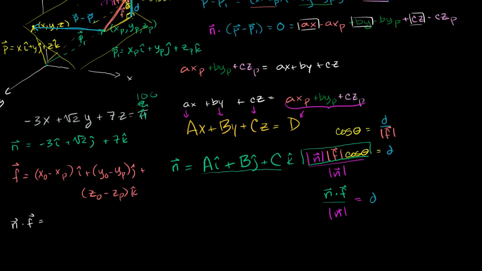So it'll be a x naught minus a xp, and then plus b times the y component, so plus b y naught minus b yp, and then plus c times the z component, so plus c z naught minus c zp. And all of that over the magnitude of the normal vector.